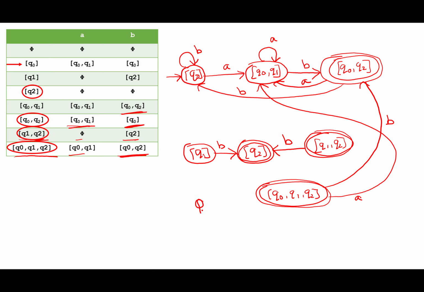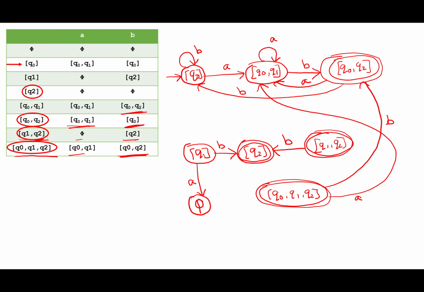And what I'm doing, I'm taking the null as one state. The null state is considered as a dead state. So where are the dead states?